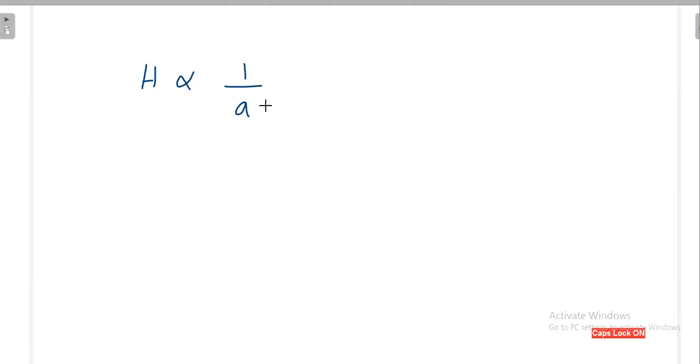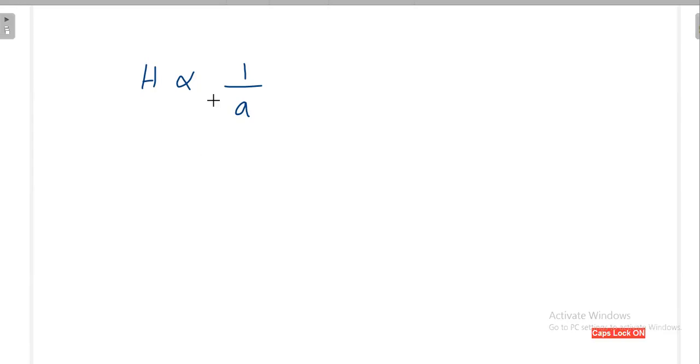So H is always directly proportional to 1 by A, that is inversely proportional to the measurement distance, the distance measured from the source, that is the Z axis. Please note this down. In this case, A is the radius, whereas in the first case A is a perpendicular distance. I should be very careful about this one.